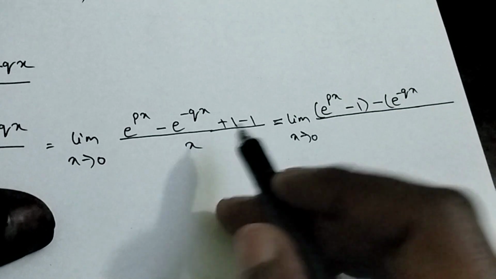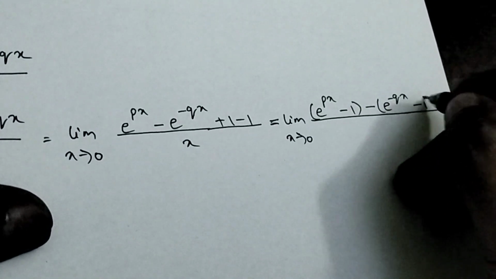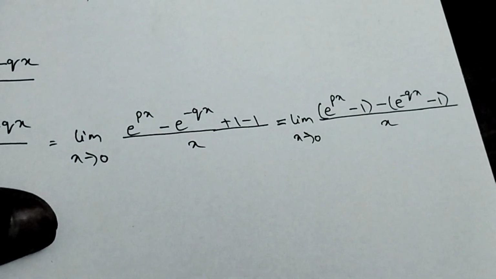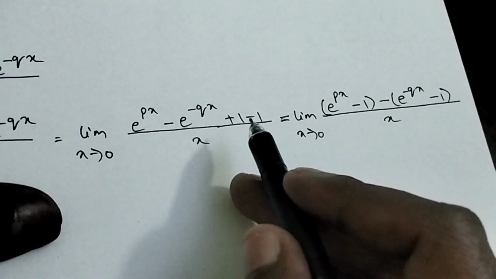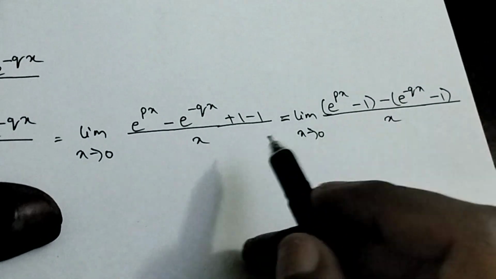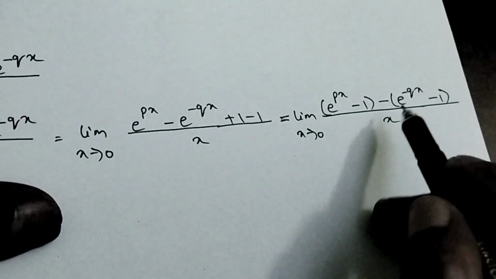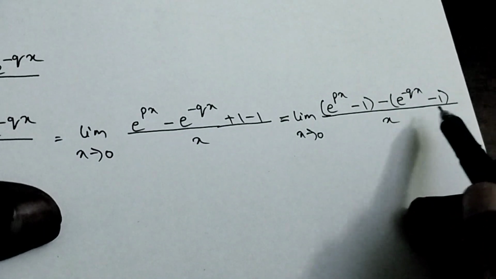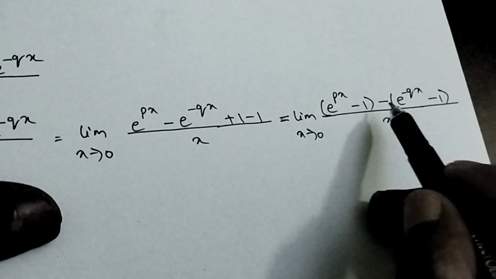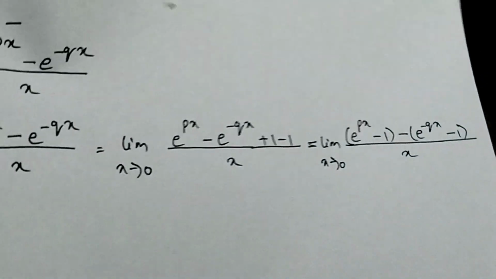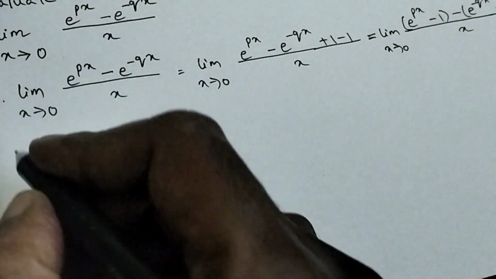This plus 1 has been given, so here we can write minus 1, by x. e to the power px minus 1, minus e to the power minus qx minus 1. So minus minus, that is plus 1 only. Clear?